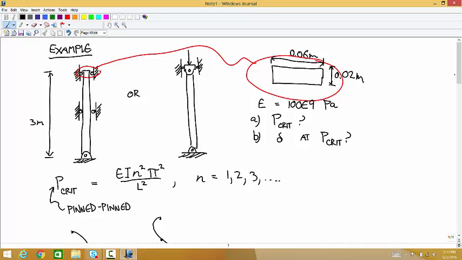Yes, if you're doing an analysis like this, you need to know for some reason that the plane you're looking at is the plane where you're worried about buckling. Maybe it's supported along the whole side, and that's why we're only worried about this plane.